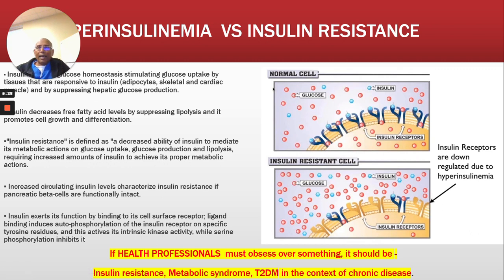This can happen in adipocytes, skeletal cells, and the liver. Insulin, which promotes cell growth and differentiation, does not act easily, and more insulin is needed to produce the same effect. So the proper metabolic actions are not going to happen.